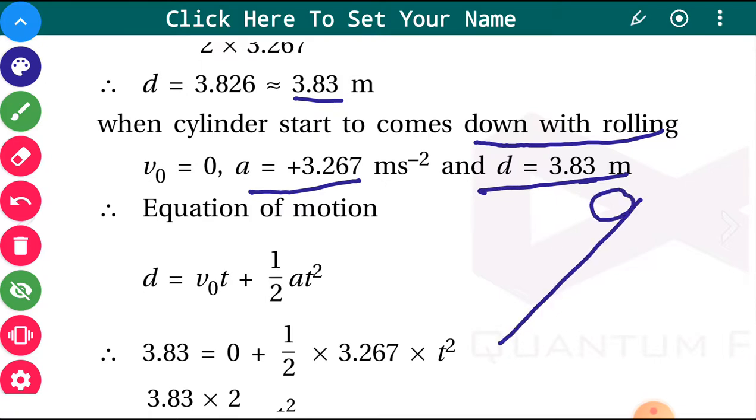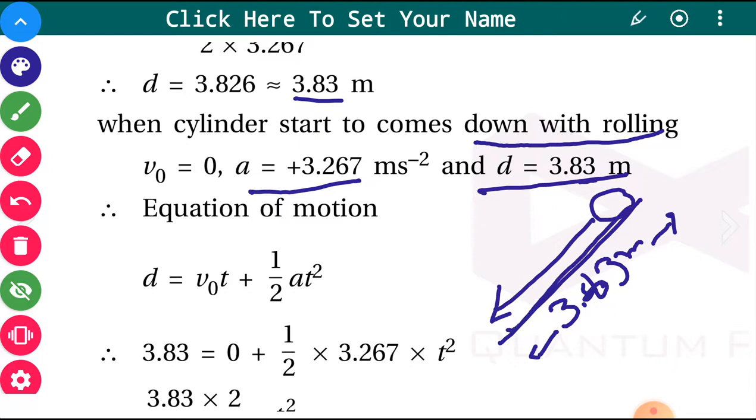Whatever it has gone up, it will come down. So this slanted distance is 3.83 meter. Now how much time will it take to reach the bottom? Time is to be calculated to reach the bottom.